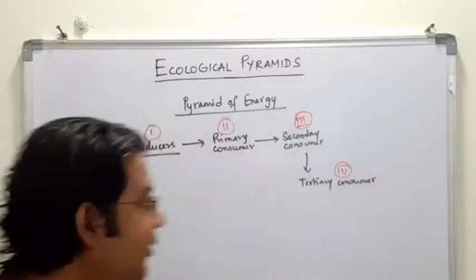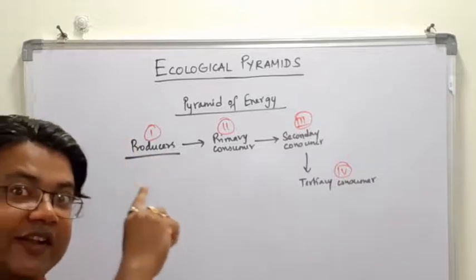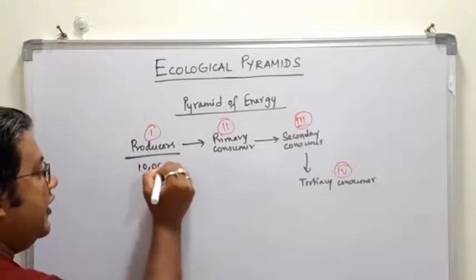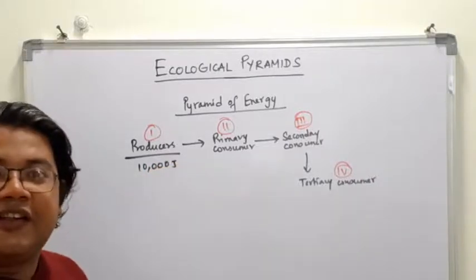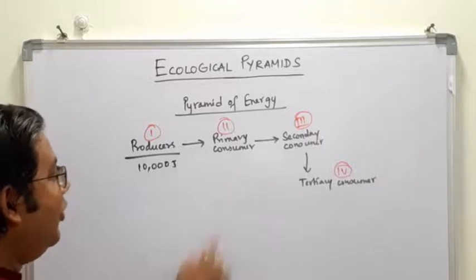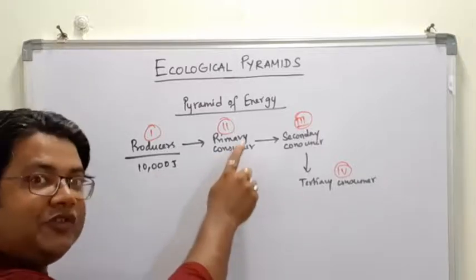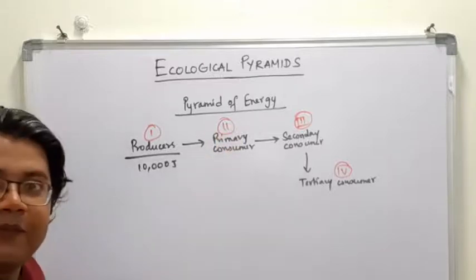Once the producer has fixed energy, what happens? We gave an example. Suppose this producer, these green plants, fixes 10,000 joules. What will be the actual amount present in the primary consumer?